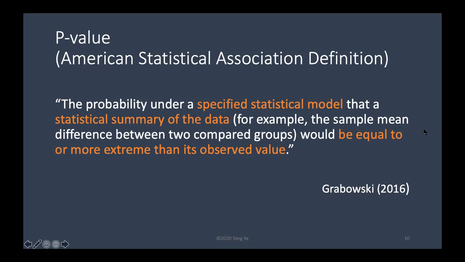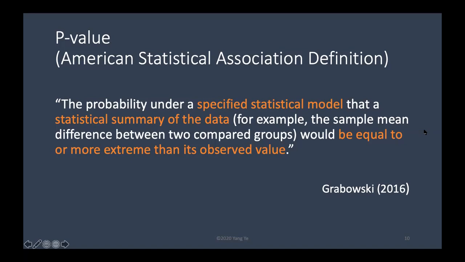So here it specified a few things, right? First of all, instead of just saying null hypothesis, it says under a specified statistical model. Usually in the null hypothesis testing paradigm, the null hypothesis is the default statistical model. So what they mean by a specified statistical model in the NHST paradigm is basically the null hypothesis.